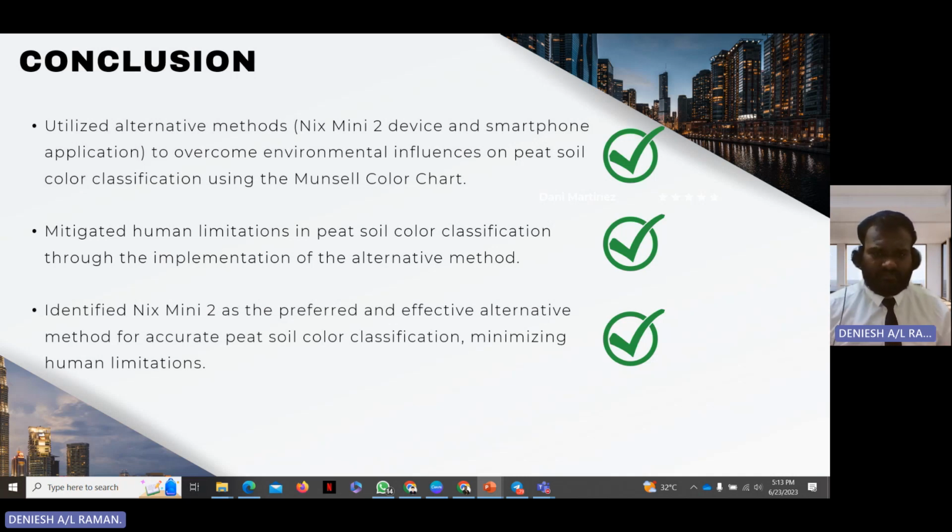The second is that we can reduce the human limitation on peat soil color classification when implementing the alternative method. The third is to identify that the Nix Mini 2 is an effective alternative method to make peat soil classification accurate in minimizing human limitation.